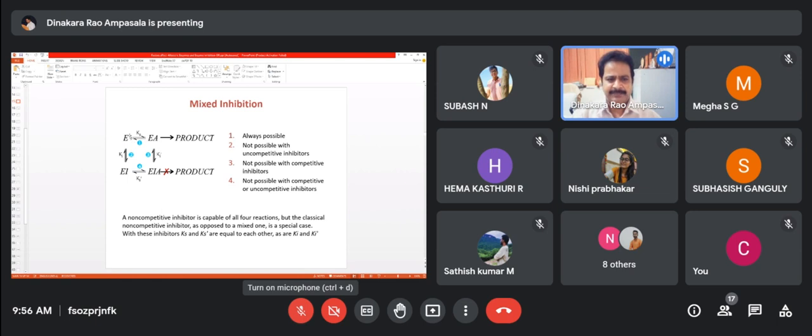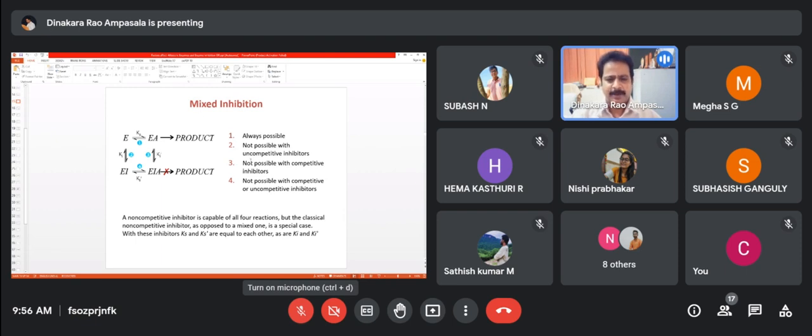And in the second reaction, if you add enzyme plus inhibitor, there is no active form of the enzyme, so even if you add substrate, it will not give the product. If you add the enzyme inhibitor after adding the substrate, and it binds to some other part of the enzyme, that changes the structural conformation of the protein, so that also you will not get any product.